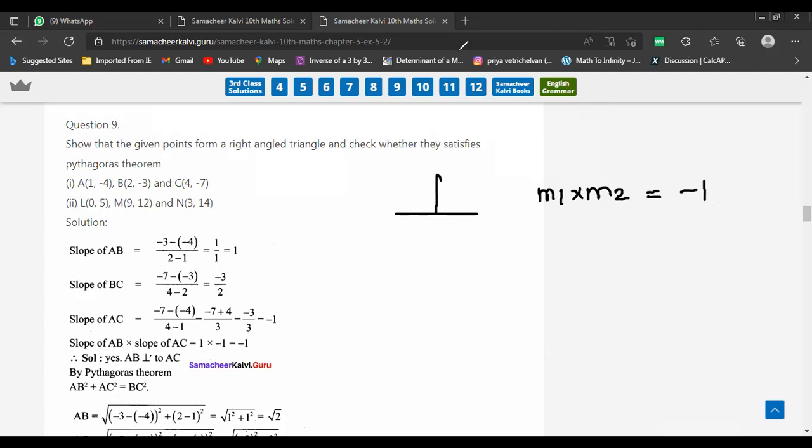So you need to find the slope of the two lines. You need to find what M1 and M2 are. Okay, so let's do it one by one. The points A, B, C are given. So they are finding the slope of AB, slope of BC, and slope of AC.